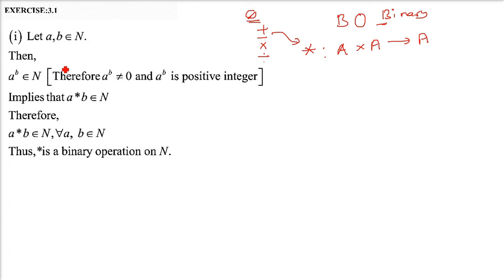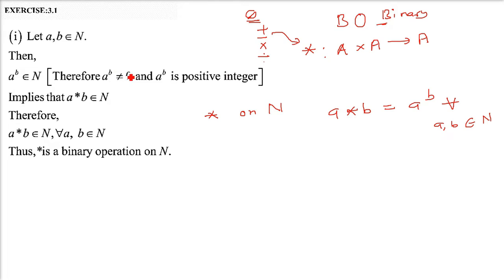The first part of this question is star on N. We are talking about star, which is our binary operation on the set, because every time we need to have a set. This set is the natural numbers, defined by a star b equals a raised to the power b, that is the exponential function, for all a, b belonging to N. So a and b belong to N, the natural number set.